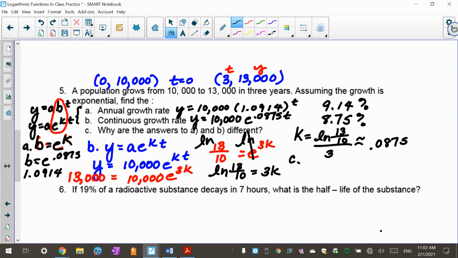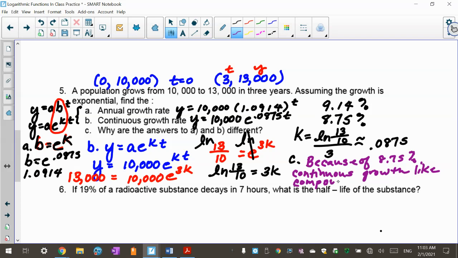So the C part, which I'm going to put over here as I'm running out of room, basically says, why are the answers different? They're different because, and I don't want you to say because 8.75 is continuous, it's because of the continuous growth, 8.75% continuous growth, which is like, and you can say it this way, having compound interest on your interest.